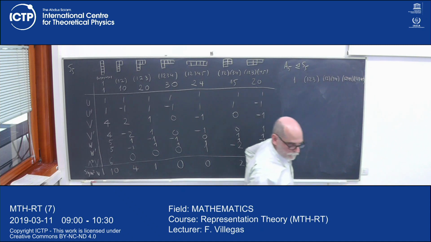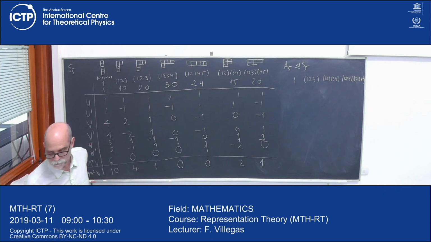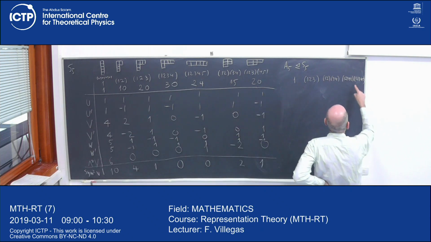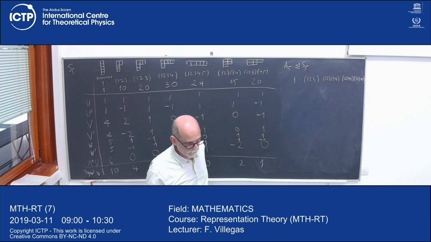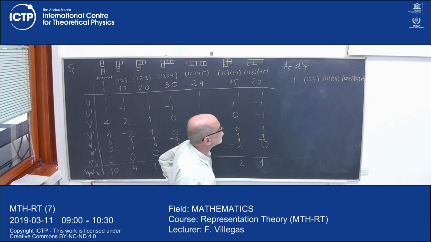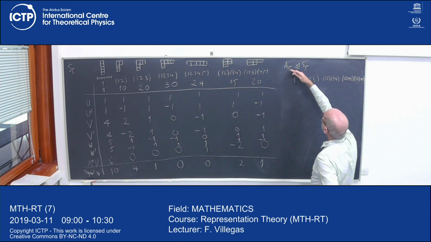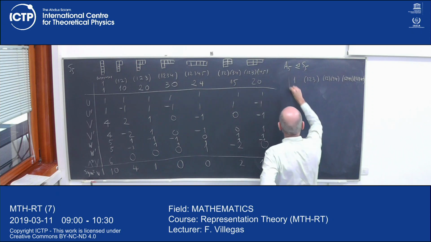So viewed as conjugacy classes of A5, 5 cycles divide into 2 conjugacy classes. These two 5 cycles are conjugate only by an odd permutation. So they become the same class in S5 if you extend from A5 to S5, but they're not the same in A5.